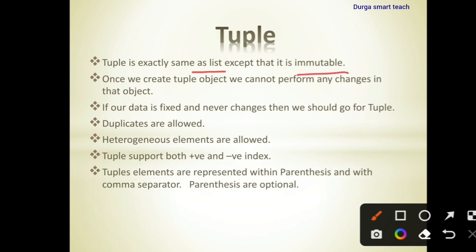A list is a data structure which is used to store a collection of individual elements in a single entity. Tuples are also used to store a collection of individual elements in a single entity, but the only difference between list and tuple is that a list is mutable.